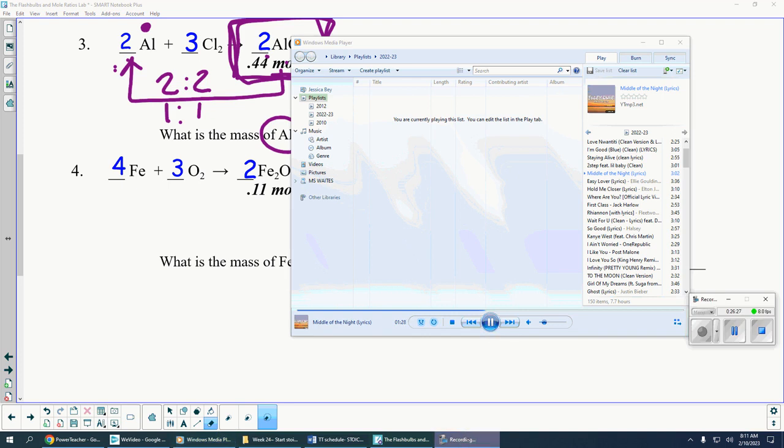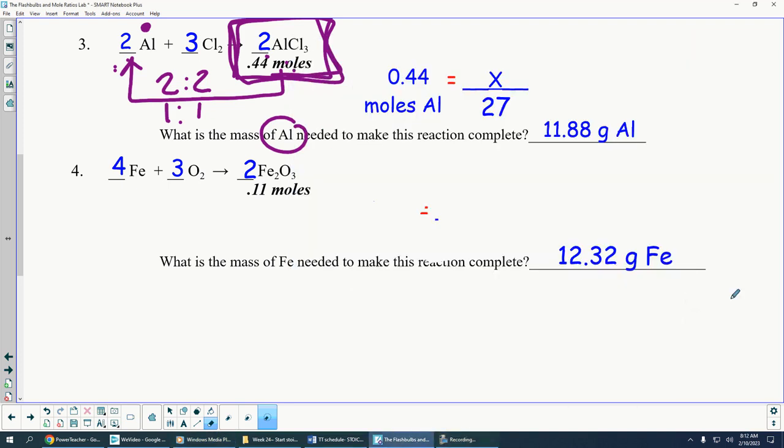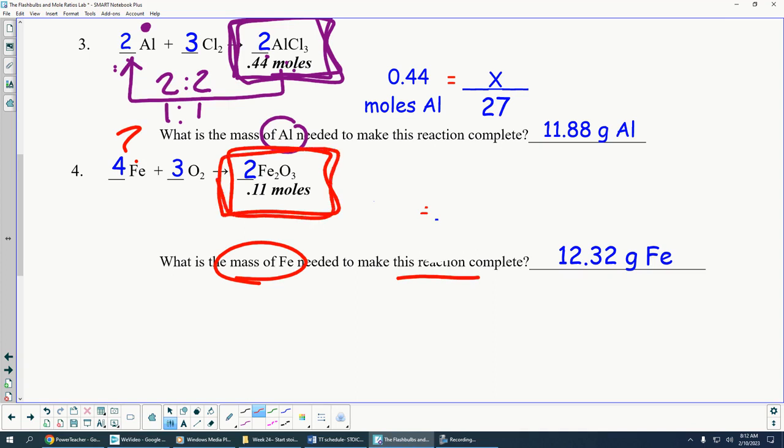If you are watching at home, we're going to finish this one here. What is the mass of iron needed to make this reaction complete? I want 0.11 moles of Fe2O3.